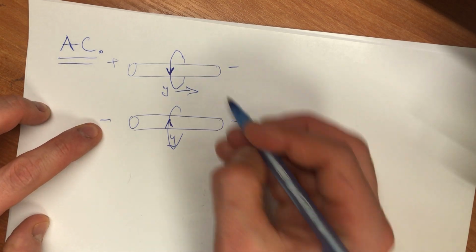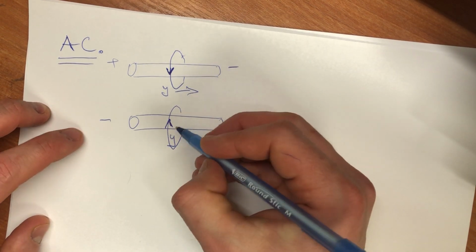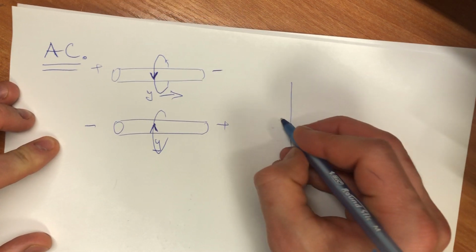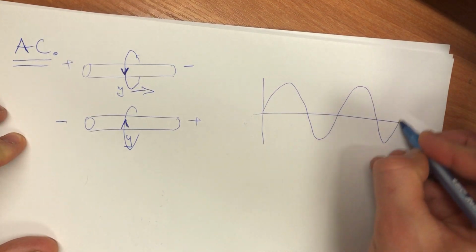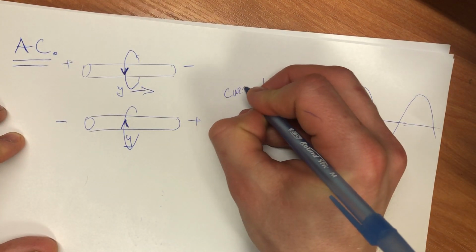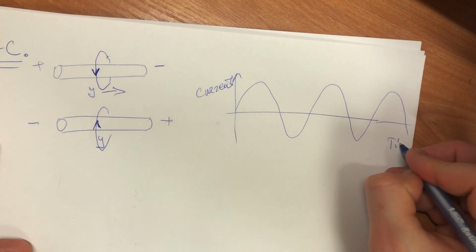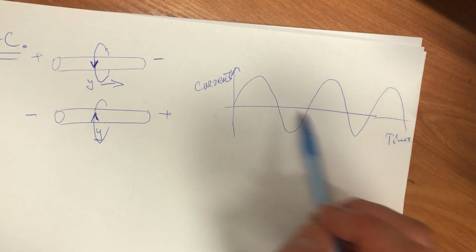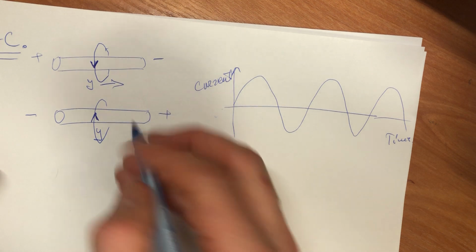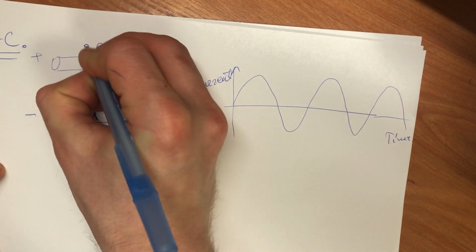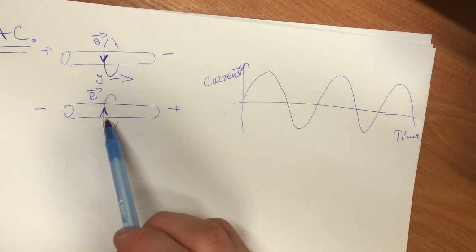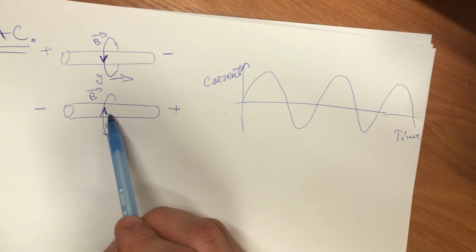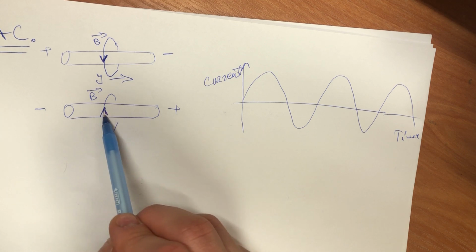When we just switch the poles, this disappears and turns to the other direction. So it decreases, then it increases, because current is swinging like this in time. So the polarity and also the strength of the current changes. So the magnetic field strength also changes its strength and polarity, because in order for this to change direction to this, it has to disappear, decrease to zero, and then from zero increase to some magnetic field value, but in this direction.